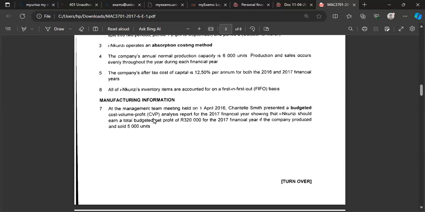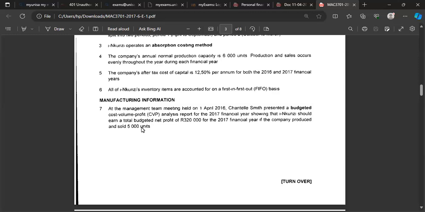We know that we need to apply our CVP knowledge here, cost volume profit analysis, one of those formulas. And which formula in particular? The one that could enable us to earn a profit of 320,000 given that we are producing and selling 5,000 units.